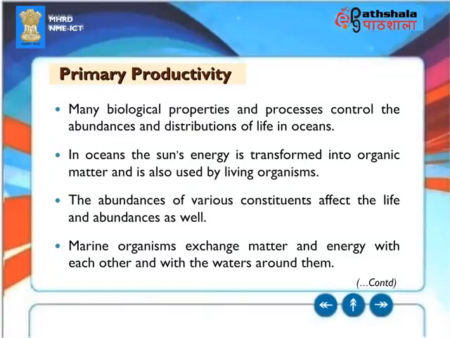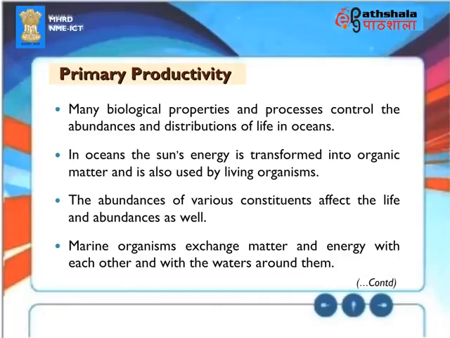Primary productivity. Many biological properties and processes control the abundances and distributions of life in oceans. In oceans, the sun's energy is transformed into organic matter and is also used by living organisms. The abundances of various constituents affect the life and abundances as well.